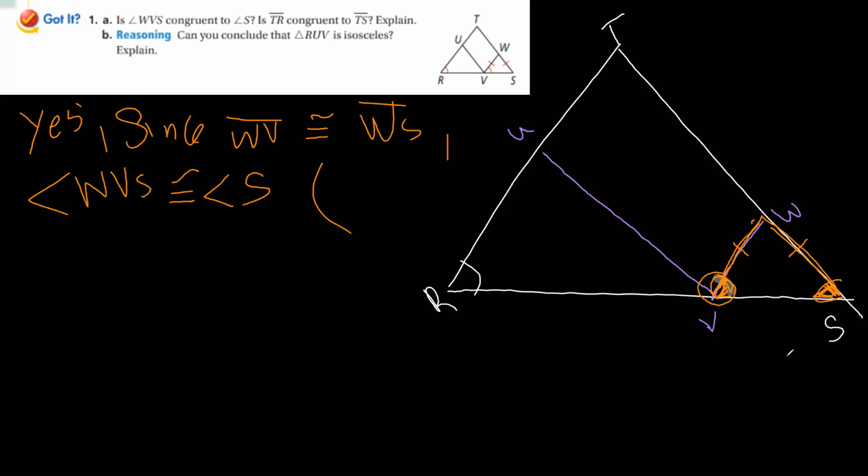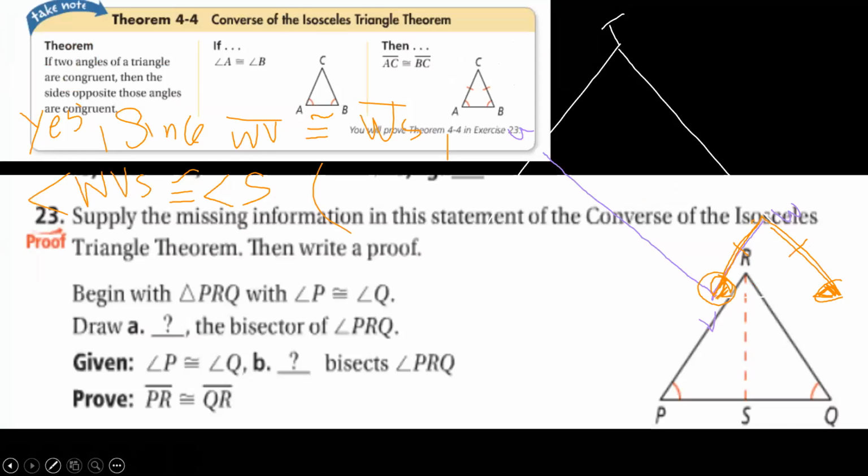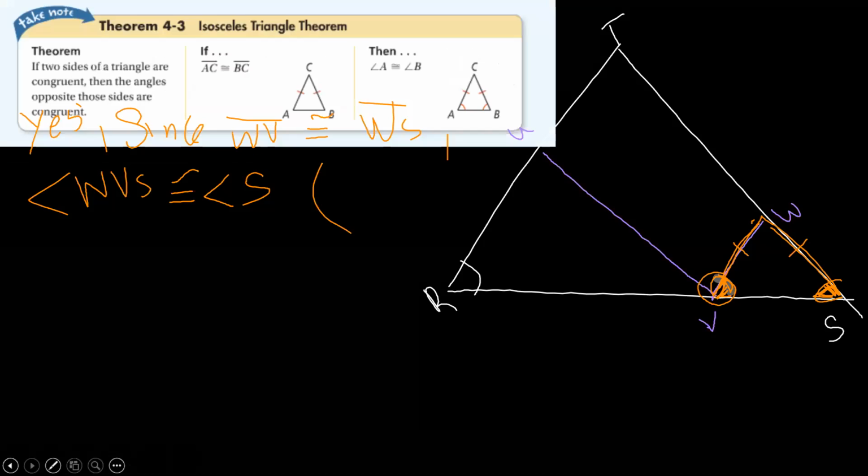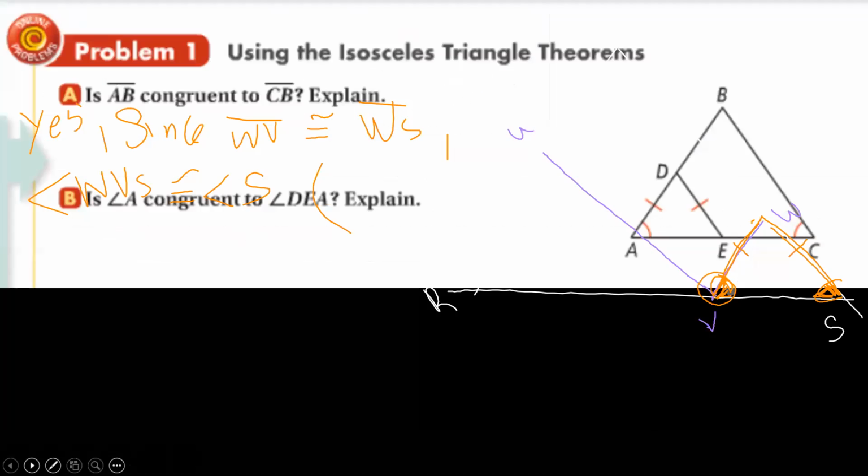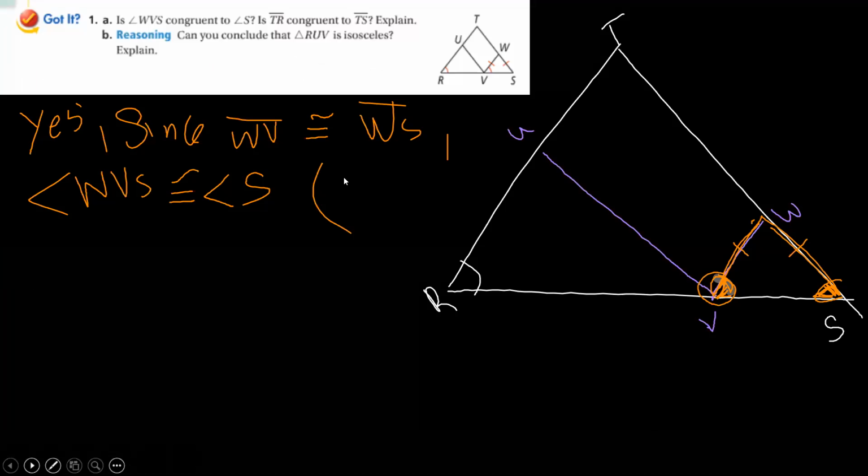Which theorem number? Let's go back here. In 4.3, it says if two sides are congruent, then the angles are congruent. So it is because of theorem 4.3.